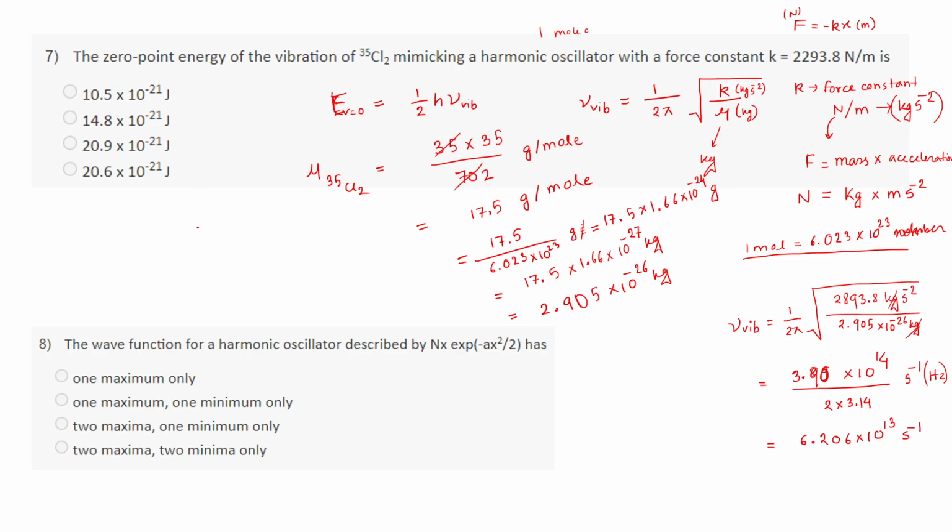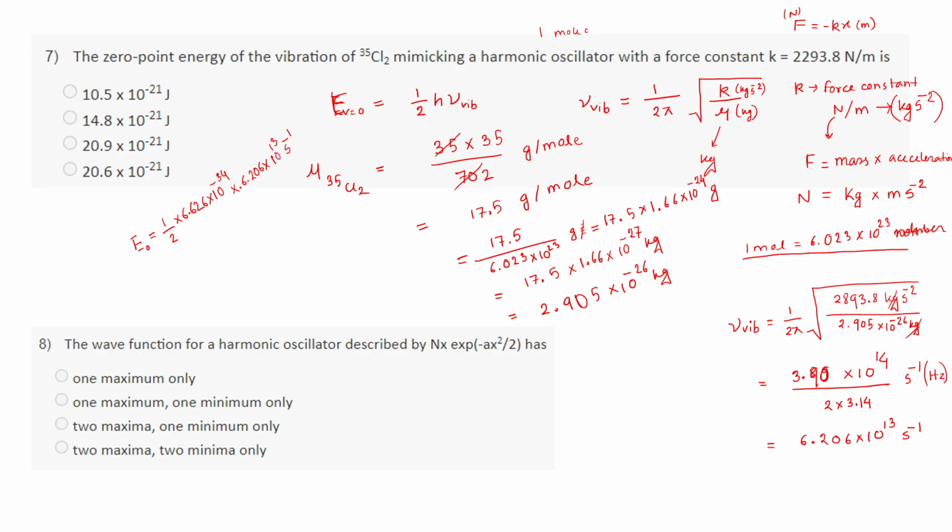Now E0 is half into h, Planck's constant 6.626 into 10 to the power minus 34, into nu bar, we know, 6.206 into 10 to the power 13 second inverse.